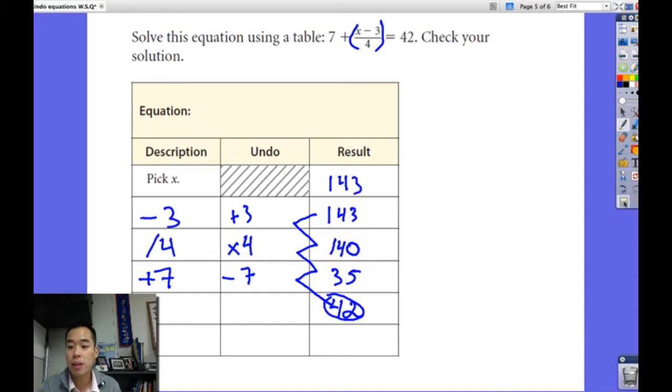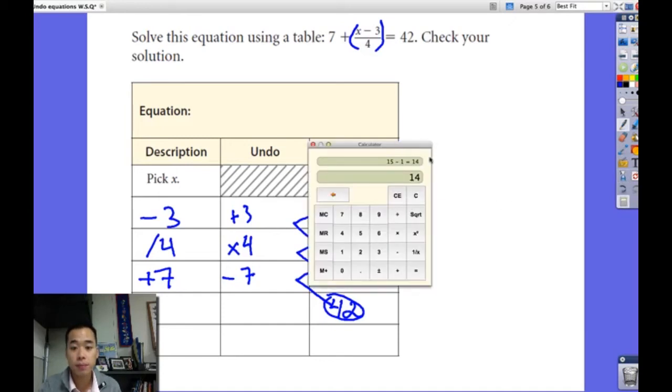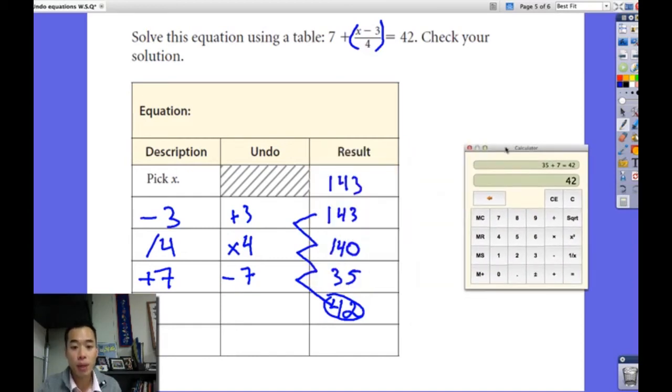Again, using a calculator, check your work. We have 143 minus 3 divided by 4 plus 7 does equal 42. So we just found that x is equal to 143, and we just did a 3-step equation.